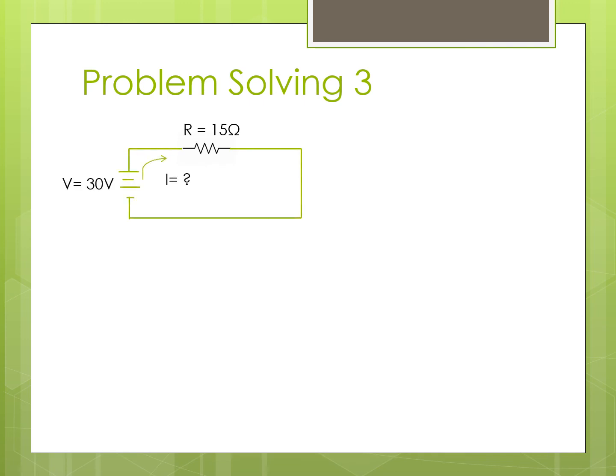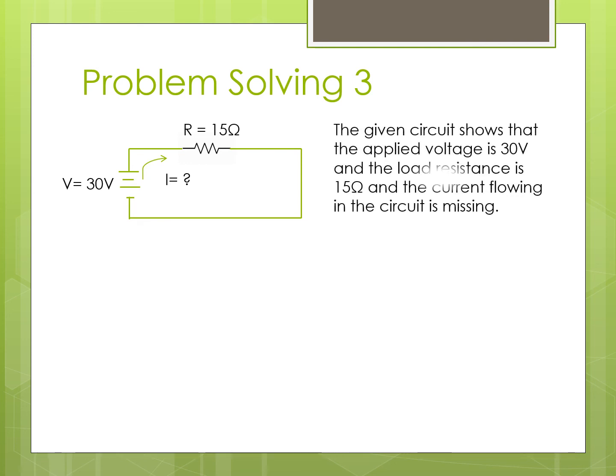Let us solve problem number 3. Let us analyze the given circuit. The given circuit shows that the applied voltage is 30 volts, and the load resistance is 15 ohms, and the current flowing in the circuit is missing.